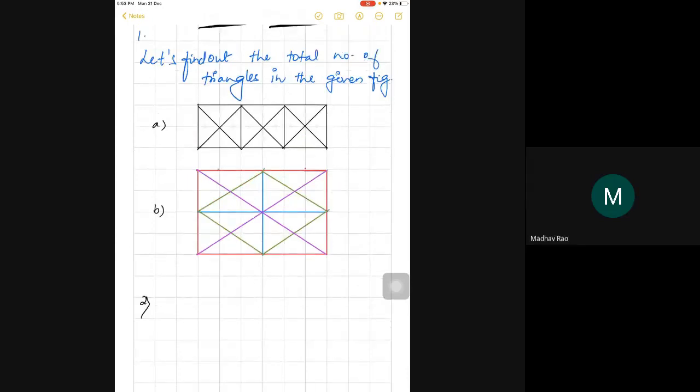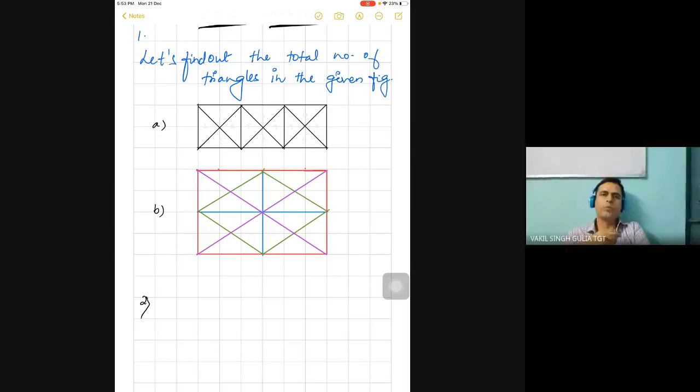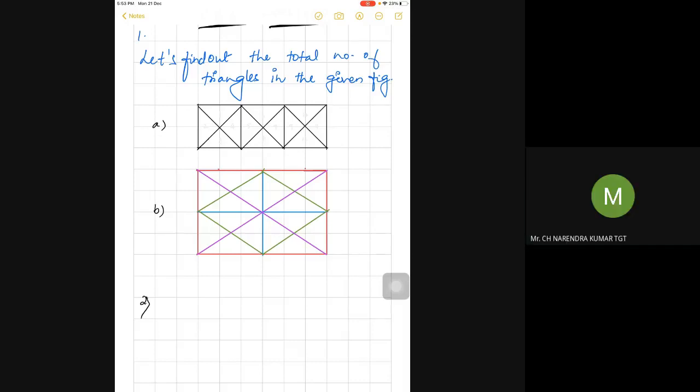Figure A. Let's find out the total number of triangles in the given figure. 24. Sir? 24. 34, ma'am. 24. Any other answer?